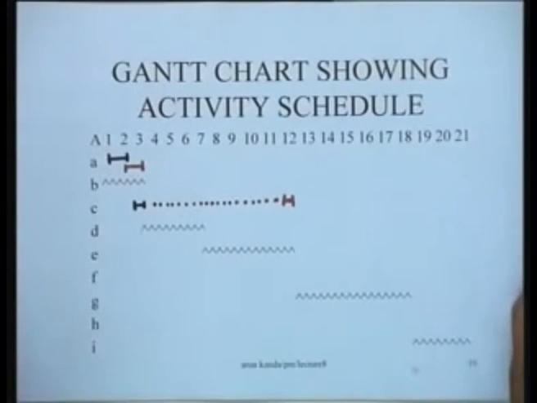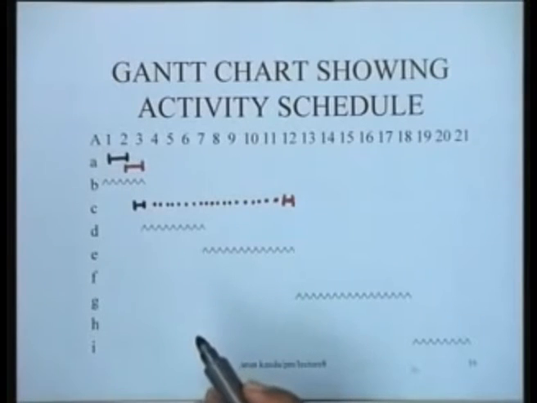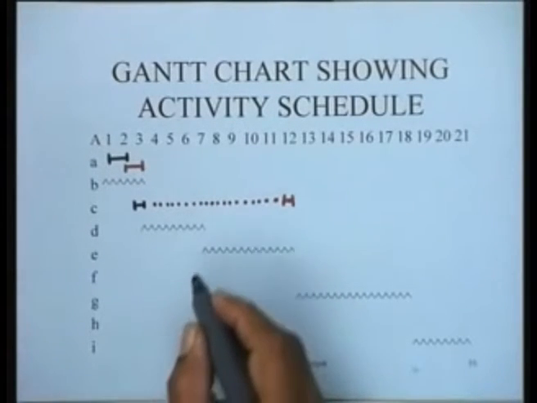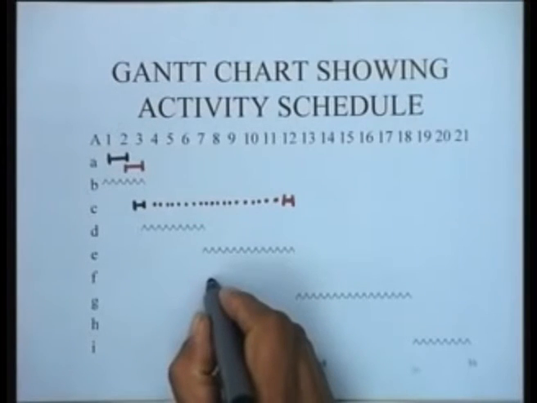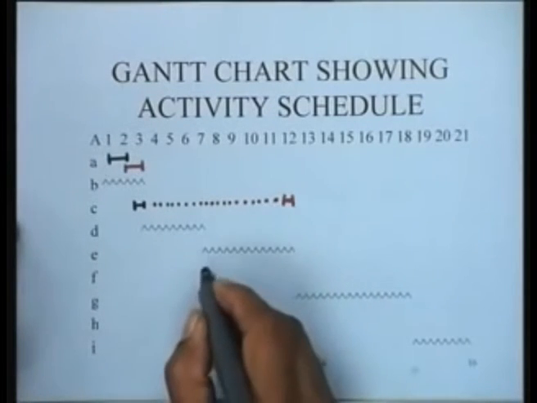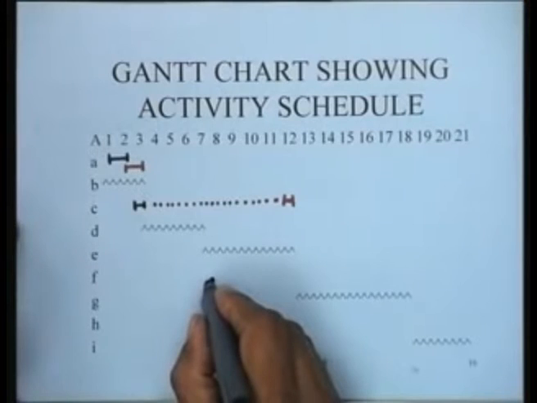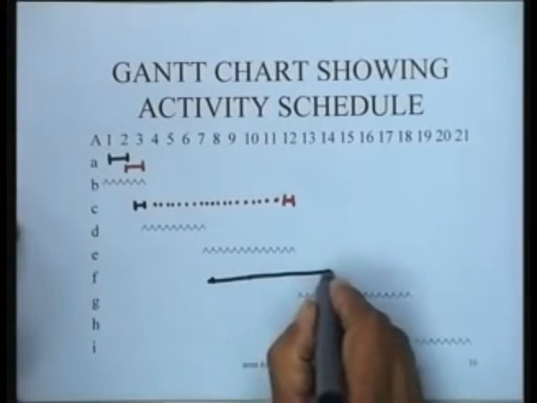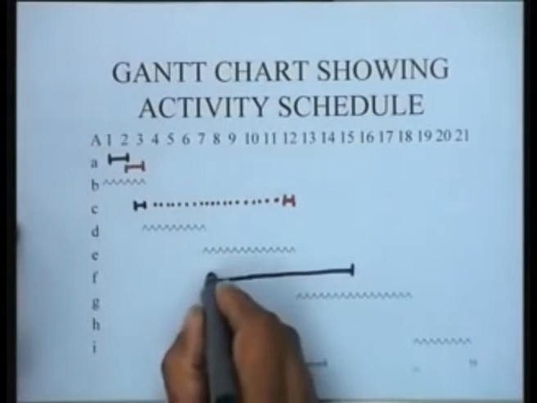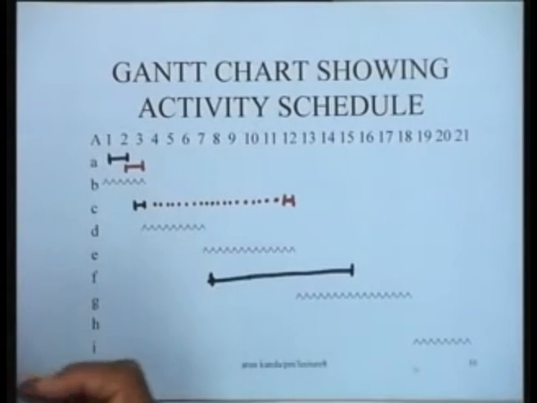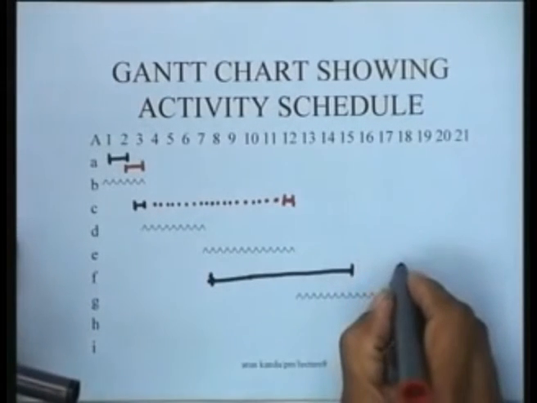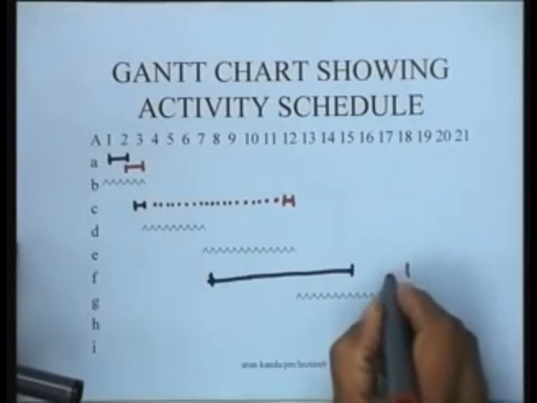Similarly, if you now look at activity F, activity F has a duration of 8 days. The earliest start is the 7th day, so from the 7th to the 15th day it can go on in this particular mode here, or it could be rescheduled so that it is completed 3 days later in period 18.